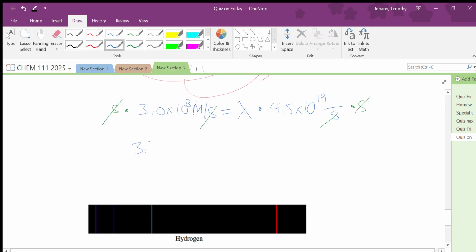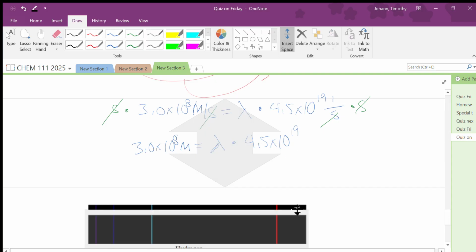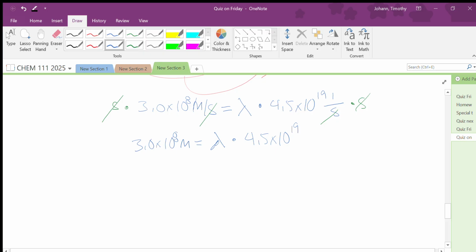So now I have 3.0 times 10 to the 8th meters is equal to whatever the wavelength is times 4.5 times 10 to the 19th, 1 over 1, or nothing. So I have no units over there. What does that tell me my eventual units are going to be on my wavelength? Meters, right? Because that's all that's left.